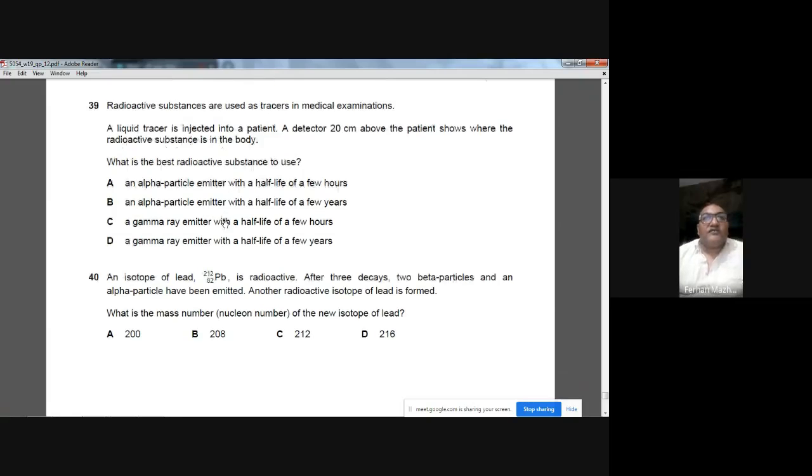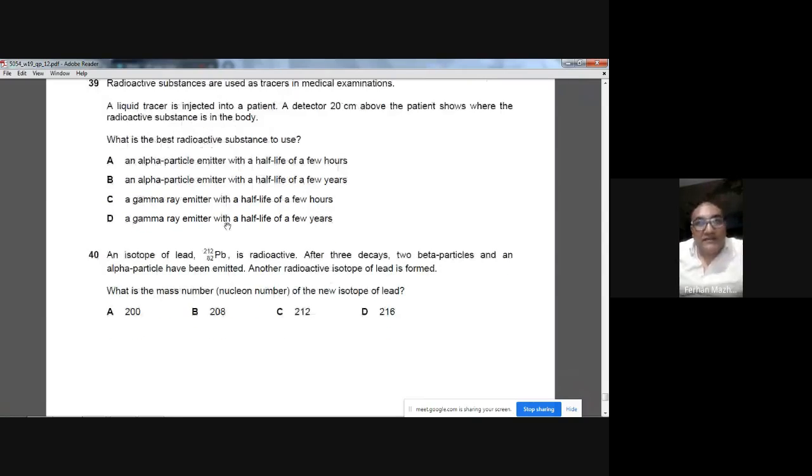Question number 40. An isotope of lead, 82-212, is radioactive. After 3 decays, two beta particles and an alpha particle have been emitted. Another radioactive isotope of lead is formed. What is the mass number of the new isotope of lead?